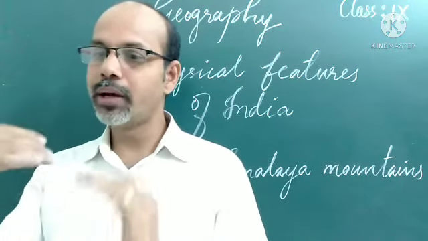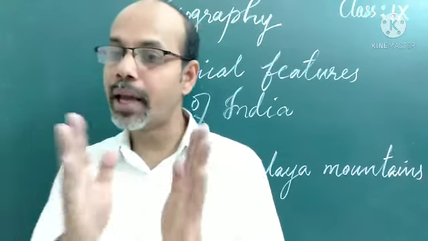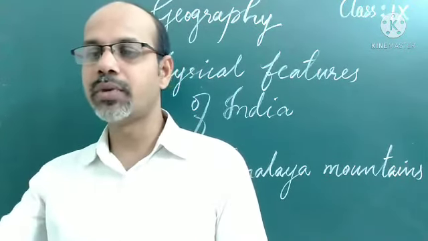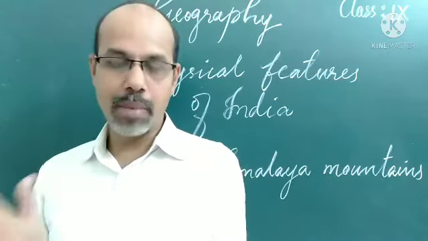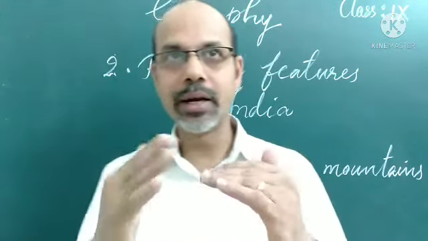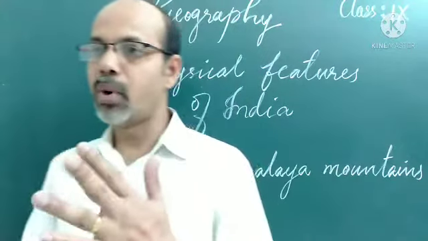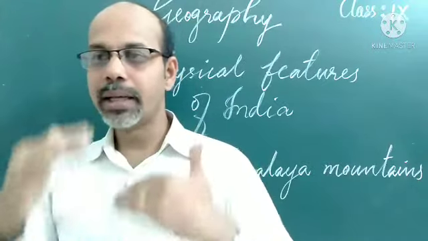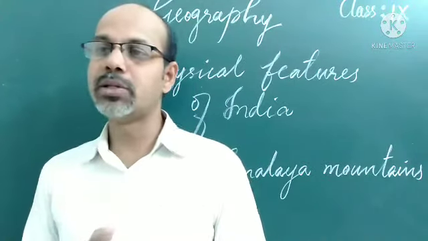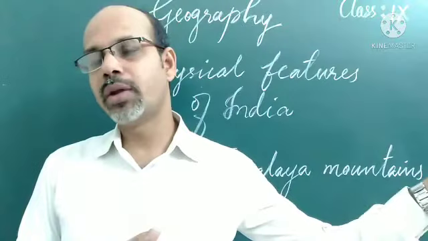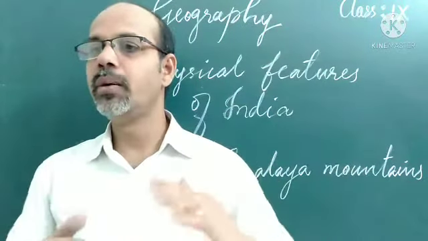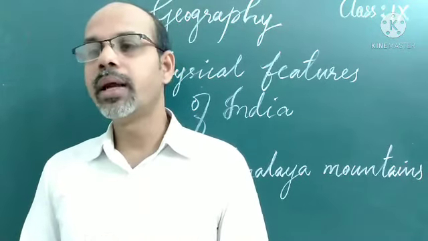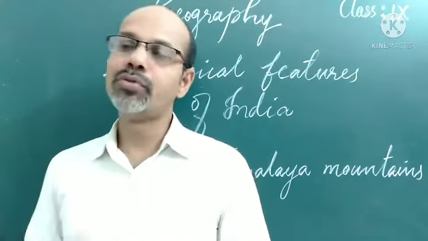Now, the physical features of India can be grouped under the following classifications. India's physical division is into the Himalayan mountains, then, coming south of the Himalayas, the northern plains, then the peninsular plateau in the extreme south, the Indian desert in the western region, the Rajasthan region, and the coastal plains on both sides in South India, then the island groups.